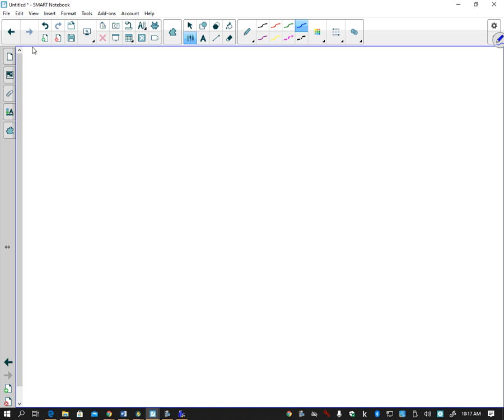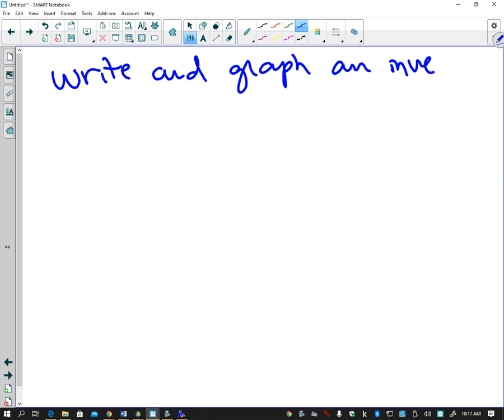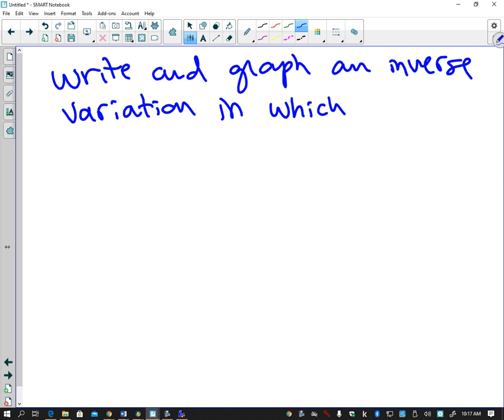Write and graph an inverse variation in which y equals and x equals.